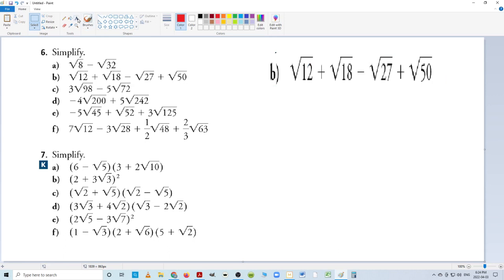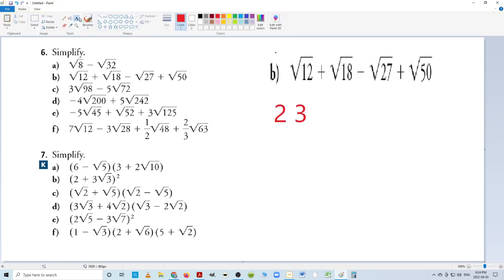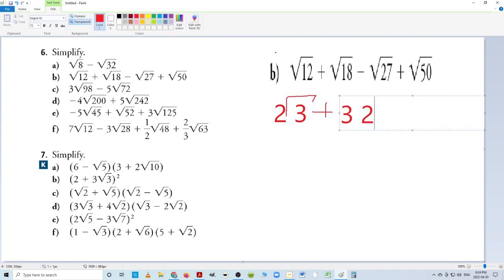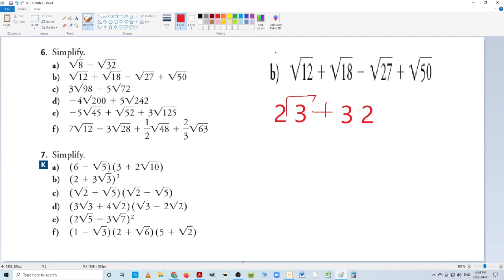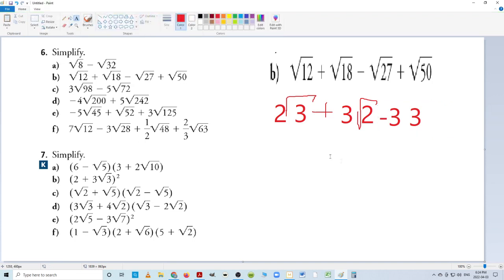Square root of 12, you should already know, comes down to 2 square root of 3, using the methods above. 18 becomes 9 times 2, which is 3 square root of 2. 27 is 9 times 3, and the square root of 9 is 3, so with the minus it becomes negative 3 square root of 3.